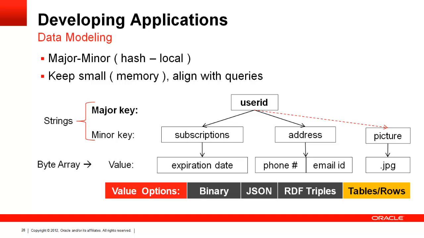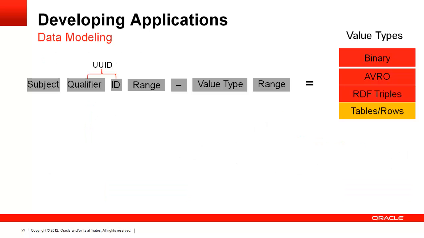So anyway, this is the key structure, but let's look at how you think about this key and value structure when you are developing an application. Ultimately you want to think about how you're going to access the data in the application. So what are the queries going to look like?